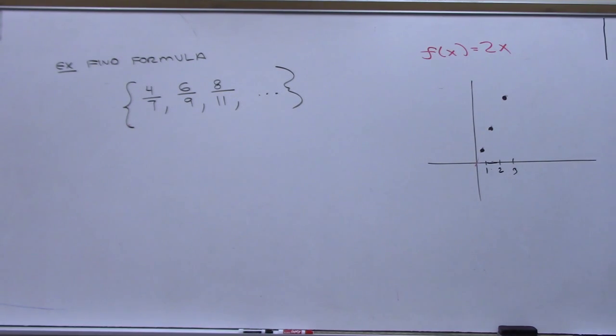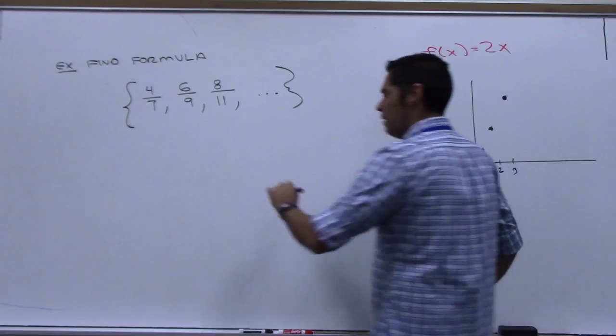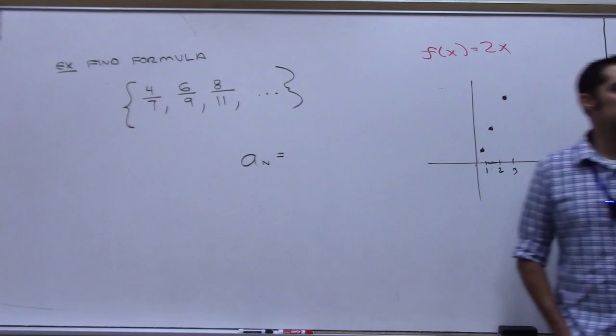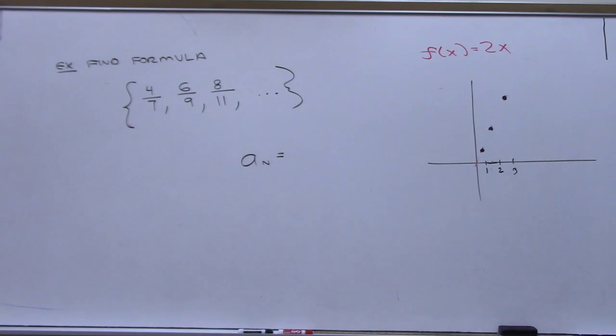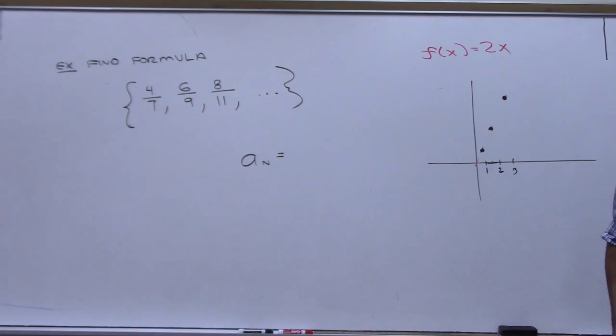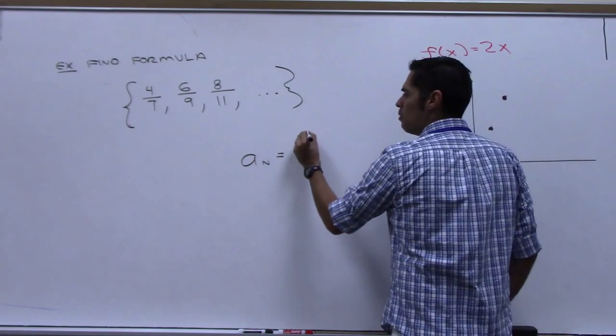I'm going to help you through this one. When you have fractions, try and focus your attention on the numerator and denominator separately. Do you notice anything in the numerators? 4, 6, 8, those are all evens starting where? At 4, right?